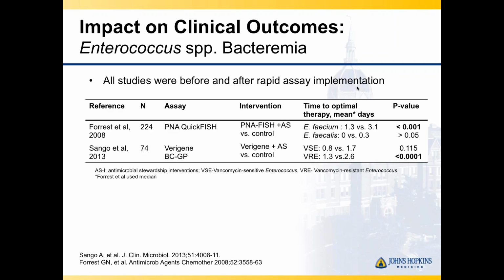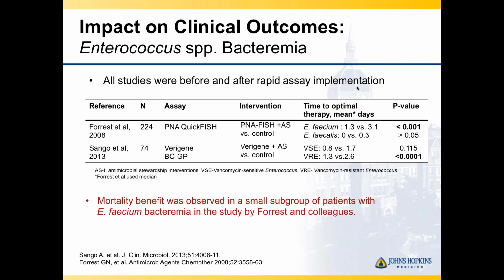The second study was by colleagues who utilized Verigene, and again, they did antimicrobial stewardship intervention, and they saw the same benefit for patients who had vancomycin-resistant Enterococcus, or VRE, but not significant benefit for patients who had E. faecalis.